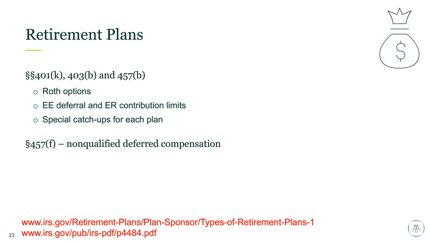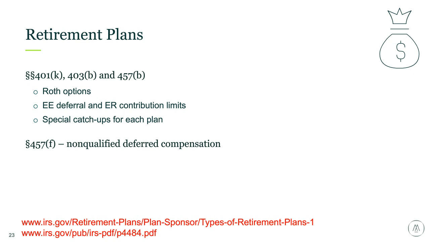However, for the 457B plan in the not-for-profit sector, there are no catch-up contributions allowed. If you are a governmental employer or quasi-governmental and you fit within that framework, you will be allowed to have a special catch-up contribution for the 457B plan.